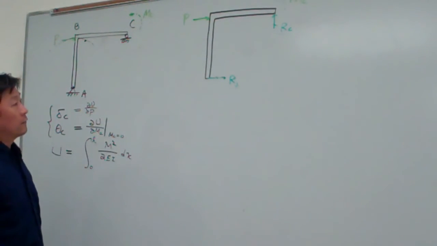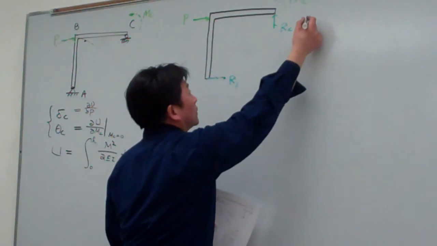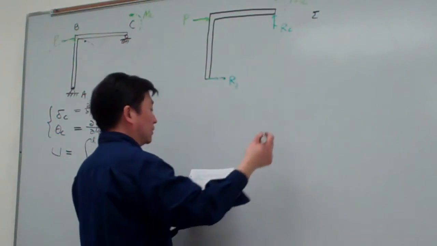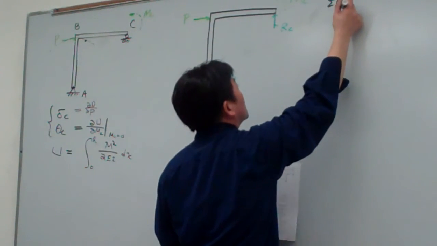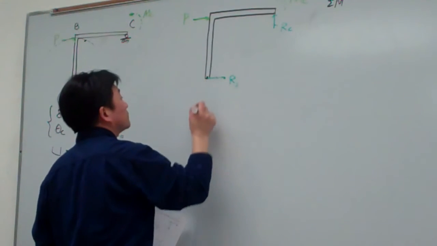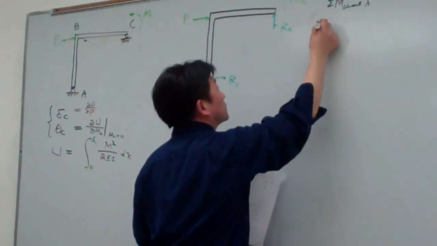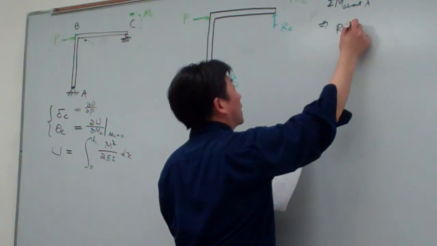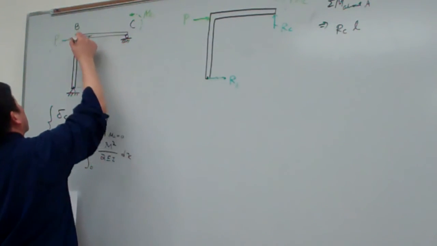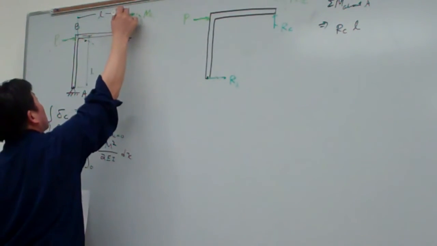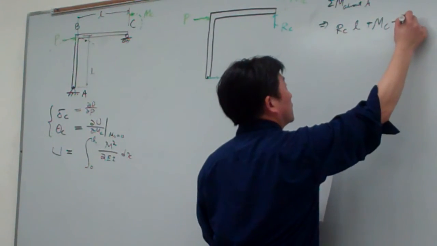First, we take the free body diagram to find R_C and R_A. So we take a moment about point A equal to 0. That means R_C times L, since each side is L, plus M_C minus P plus Q.